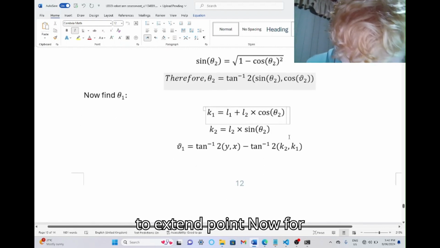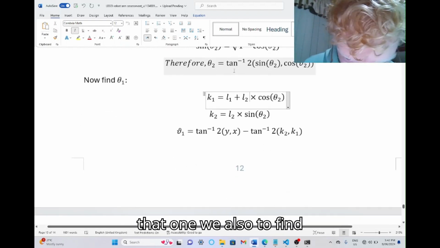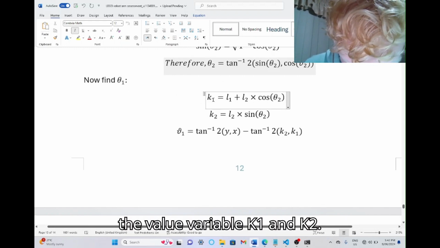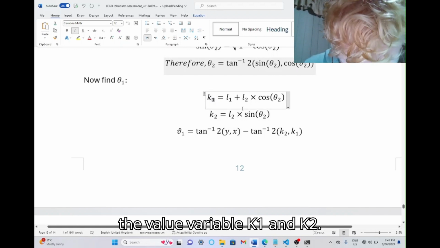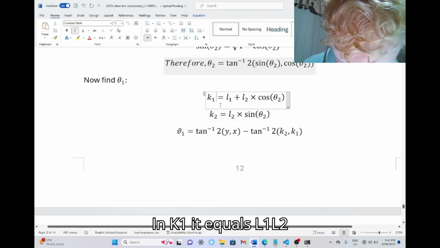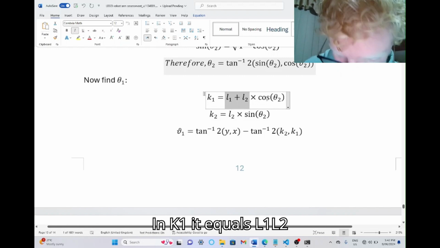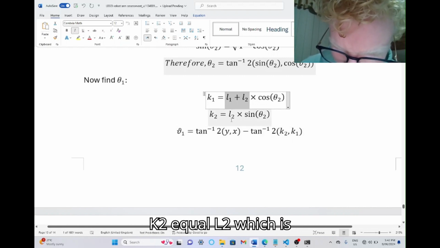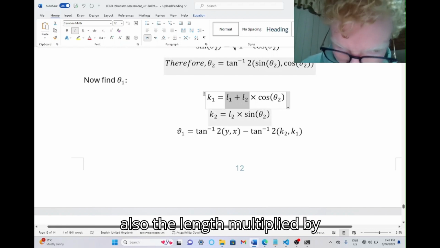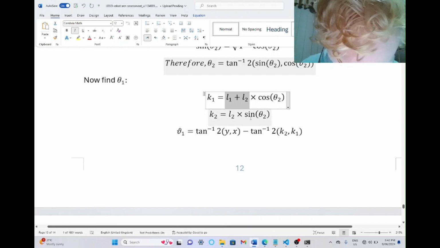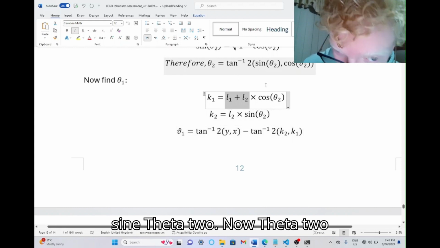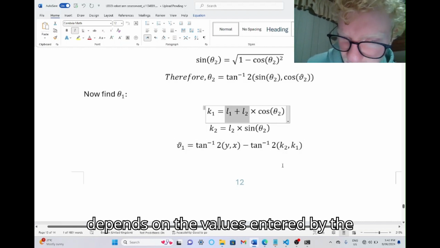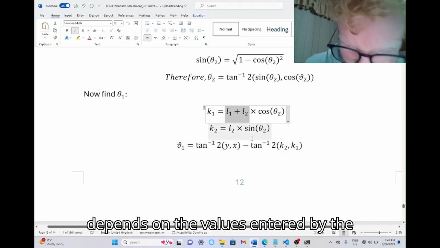Now to find θ1, we use the variables k1 and k2, where k1 equals L1 plus L2 multiplied by cosine θ2, and k2 equals L2, which is also a length, multiplied by sine θ2. Now θ2 we got from up here, and all of these depend on the values entered by the user.